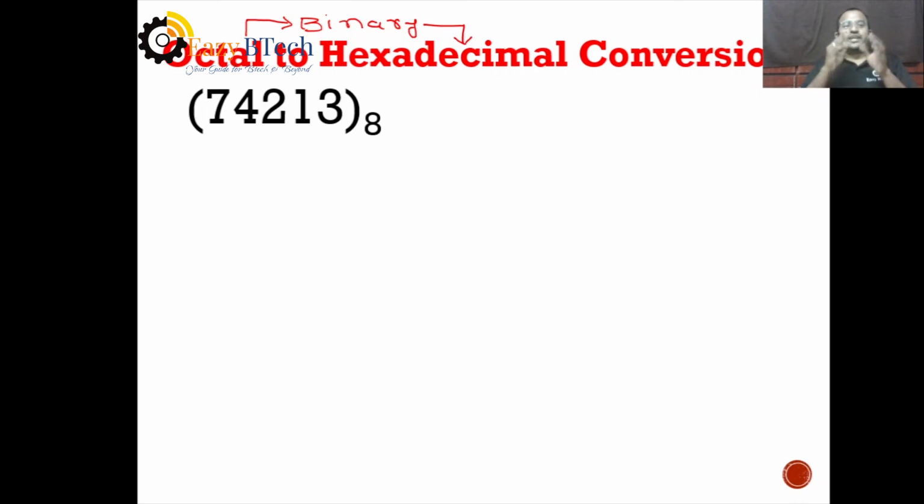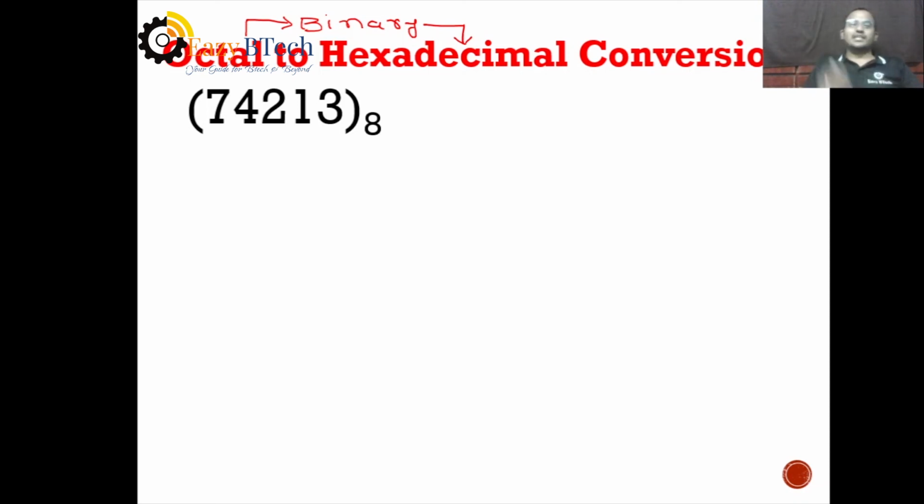So first for each octal digit we have to write the 3-bit binary equivalent, and then convert the given binary number to a hexadecimal number. The same procedure we followed for hexadecimal to octal, we will follow for octal to hexadecimal.